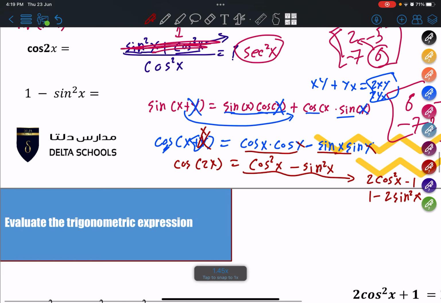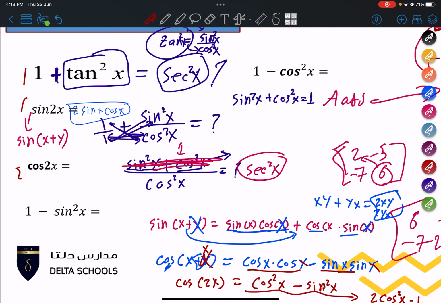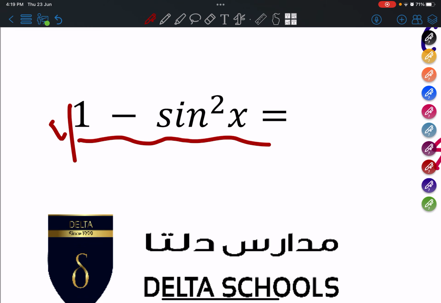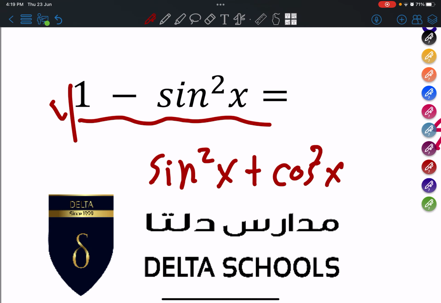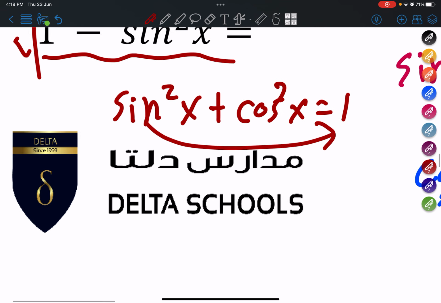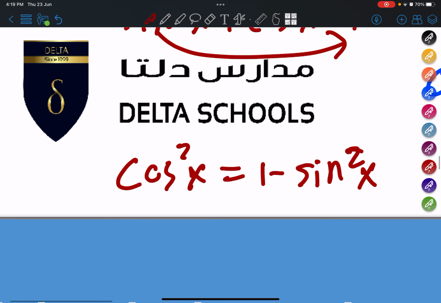Now we can go to the fourth question. So what is 1 minus sine squared x? Again, we've used the identity already, which is sine squared x plus cosine squared x is going to equal 1. If we move sine to the other side, we get cosine squared x is equal to 1 minus sine squared x.